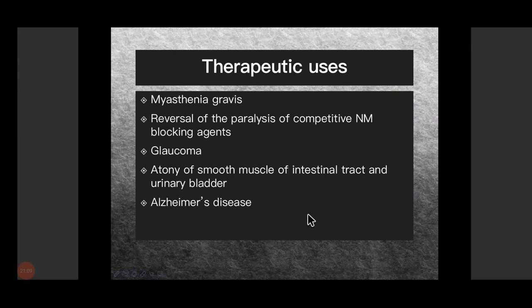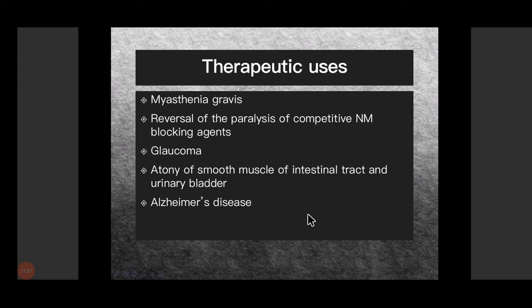They can be used in myasthenia gravis. We will talk about what myasthenia gravis is. Then there is reversal of paralysis by competitive neuromuscular blocking agents. We will read this in skeletal muscle relaxants, which will be taken as a subsequent lecture under the head of the peripheral nervous system, PNS.